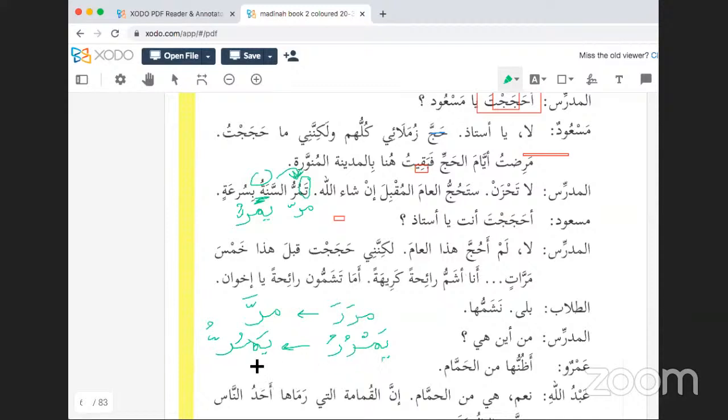Yamruru becomes yamurru. Okay, but in the case of marra, when you add it to the dhamir, like hajajitu, hajajita, here you will say marartu, mararta, because one is a fatha, the other one is a sukoon, so it's easier to read. So then the letters will become separate again. Okay.